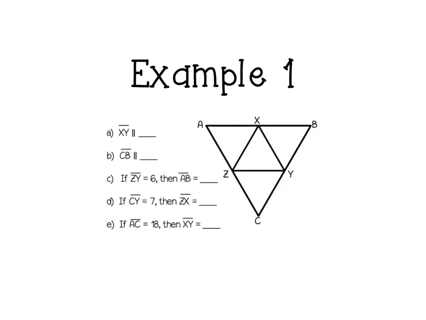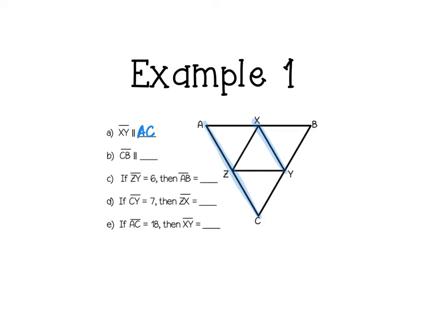Looking at this example, we've got XY, which is this side right here. And we want to know what side it's parallel to. Parallel means directly across and the same distance from it the entire time. So that's going to be AC. So it's parallel to AC. And we know by the midsegment theorem that since XY is a midsegment, it's parallel to AC.